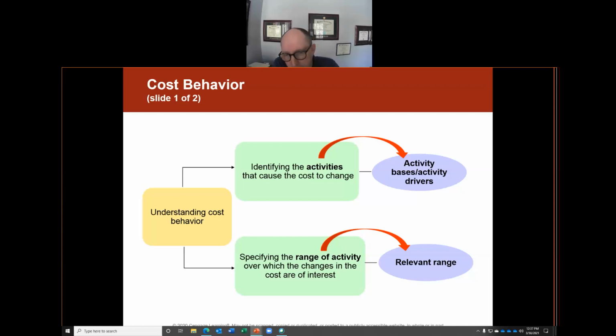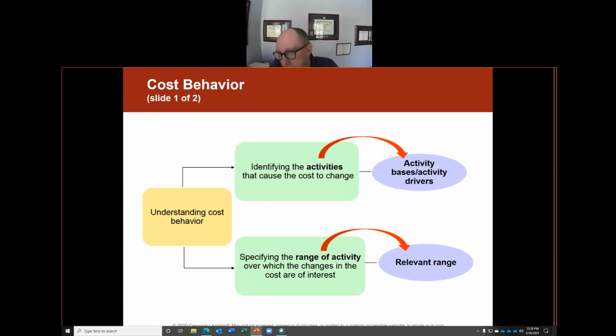Similarly, we need to identify costs as they relate to a range of activities over time. As the levels of activities change, the costs associated with those activities will change, and we call that a relevant range, a range of activities.